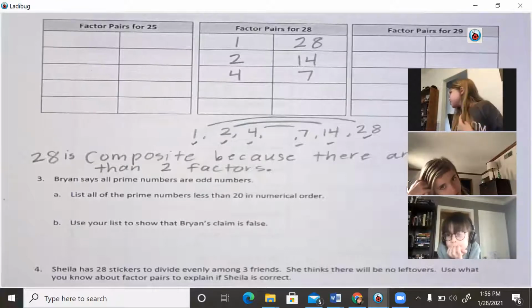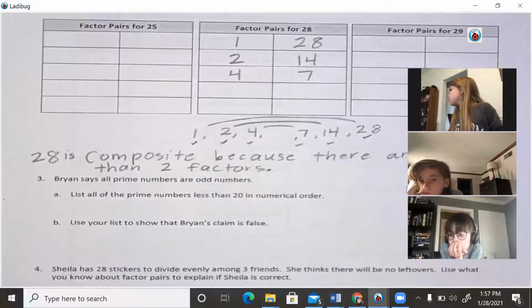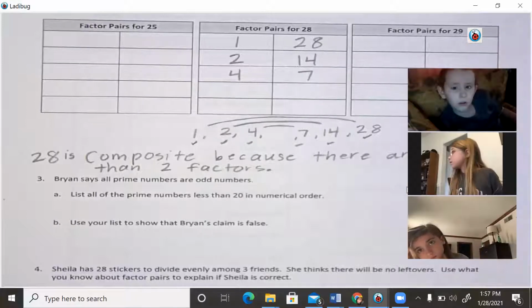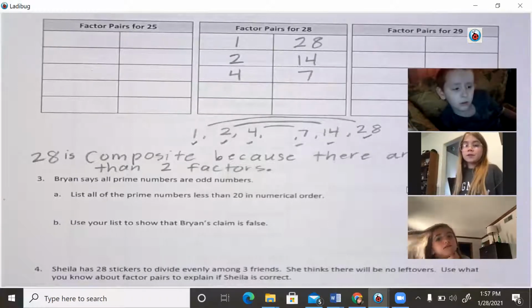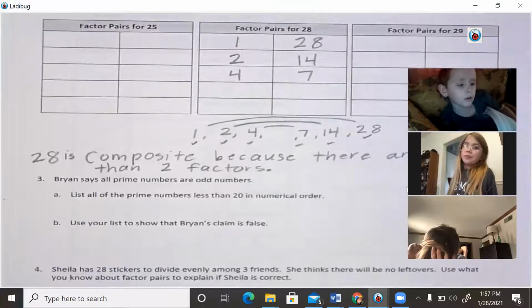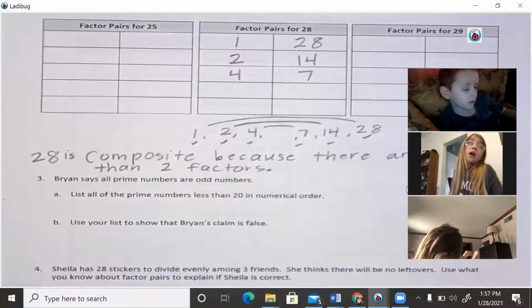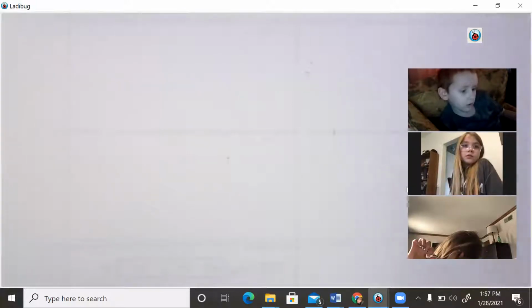Okay, so you do have something to work on right now. You have homework for tonight that we're going to be checking tomorrow. Before we start our Zoom tomorrow, I'm going to say, hold your book up to the screen, and you can only check your work if it's finished already. I'm going to tell you the numbers that I want you to do. We did some of them because we needed the practice.